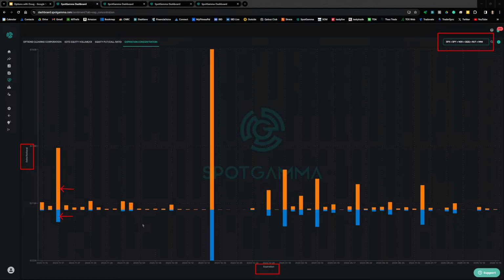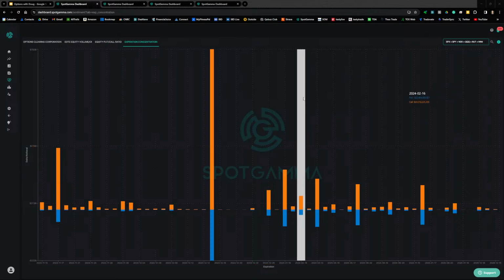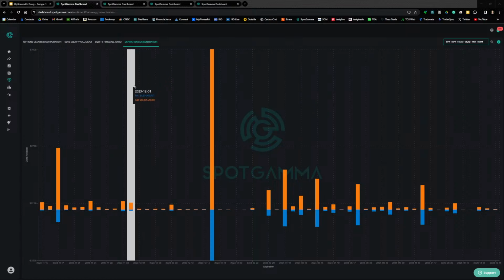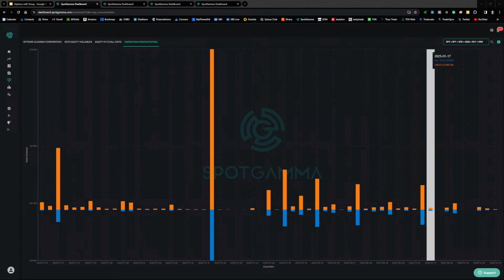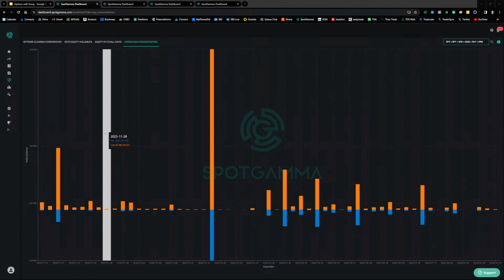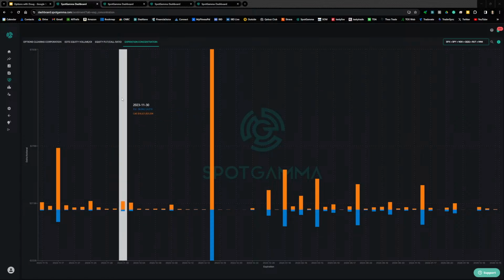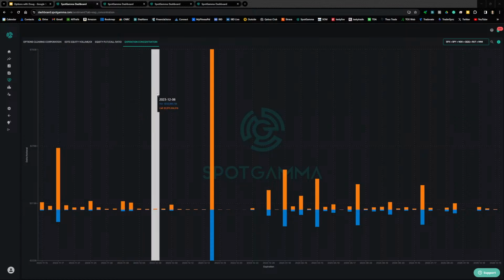As those calls expire, market makers will need to sell futures or sell stock. In this case of the Russell 2000, NASDAQ, and S&P 500, they would be selling futures. So Spotgamma is looking for a little bit of weakness after this expiration.